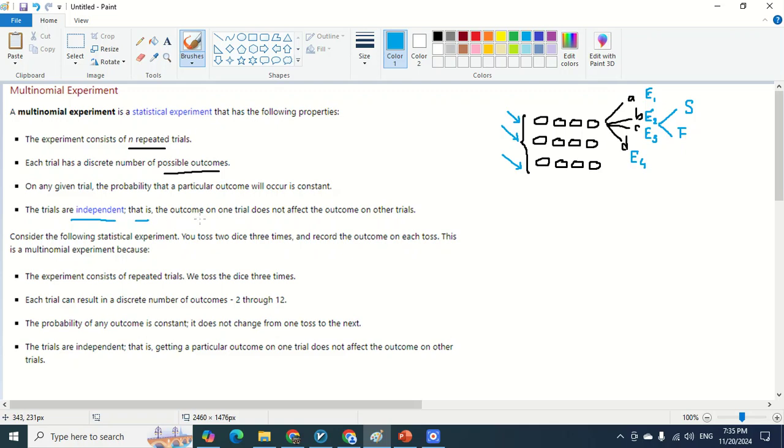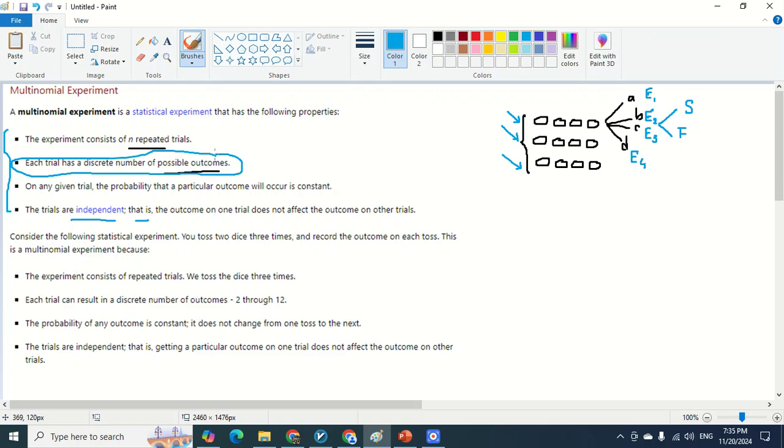That is, the outcome of one trial does not affect the outcomes of other trials. These are the same properties we had for the binomial distribution as well. The only difference is the outcomes: each trial has a discrete number of possible outcomes for the multinomial, but for the binomial we have only 2 outcomes. In other words, the multinomial experiment is a generalization of the binomial distribution.